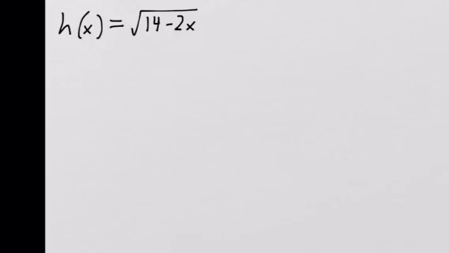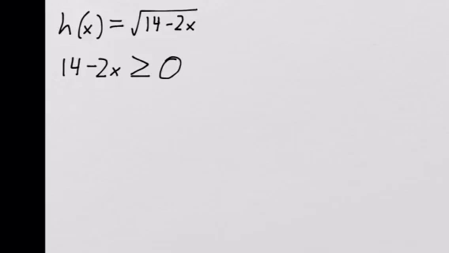So with this, we cannot have 14 minus 2x to be a negative number. So we know 14 minus 2x has to be greater than or equal to 0. It's okay if it's equal to 0. We can take the square root of 0. We can't take the square root of a negative number.